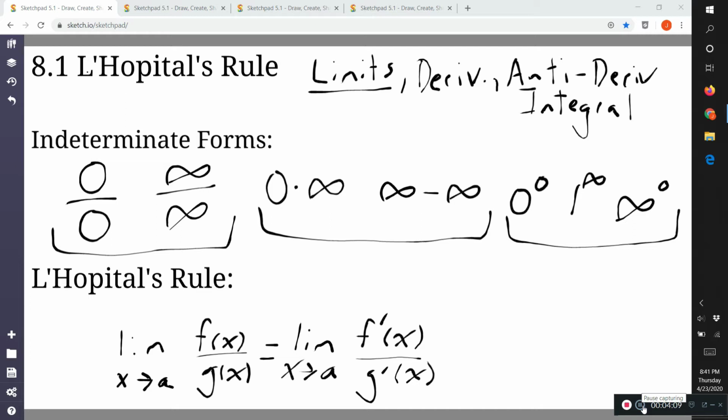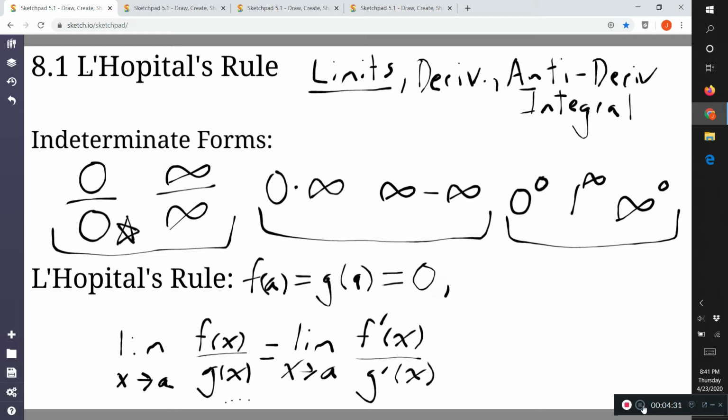So we have to note that f of a has to be equal to g of a has to be equal to 0. So basically this is how we get our 0 over 0. If you were to plug a in for x in both the top and bottom of the initial fraction, we would get 0 over 0. We also need to be guaranteed that f prime of a and g prime of a exists.